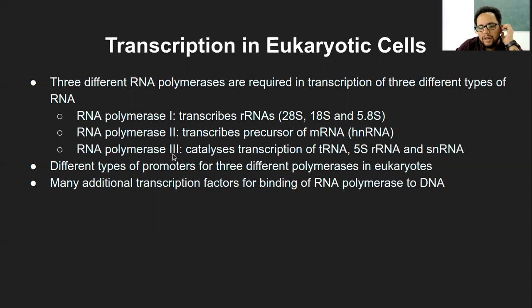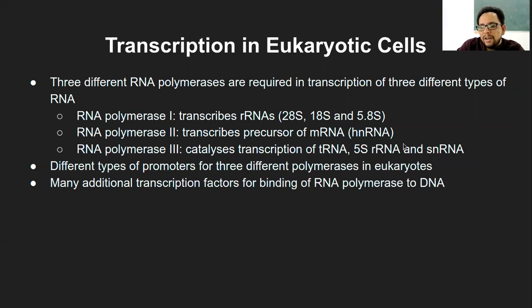And RNA polymerase 3 will catalyze the transcription of tRNA. Again, if you remember the structure of tRNA, it has to undergo quite a lot of modification, such as the uridine molecule, addition of methyl or hydroxyl groups and so on. Those modifications have not happened yet in terms of tRNA.